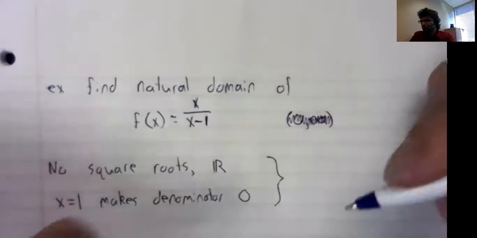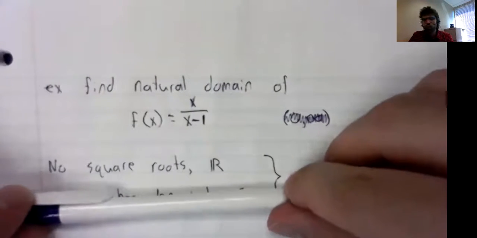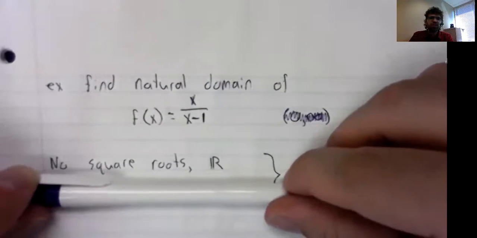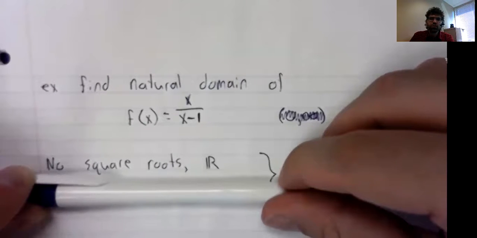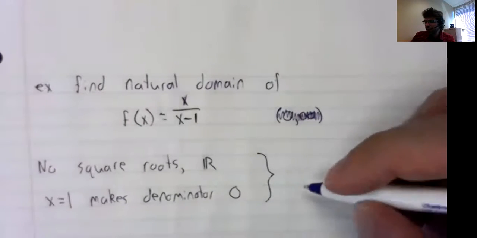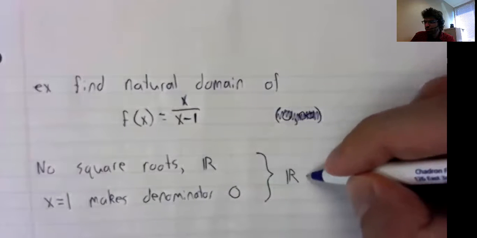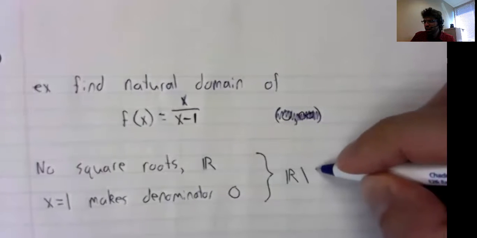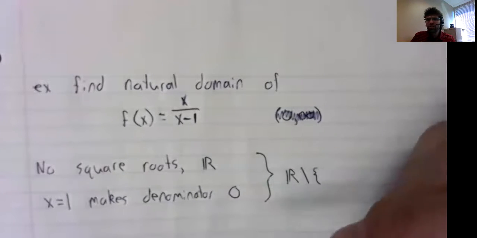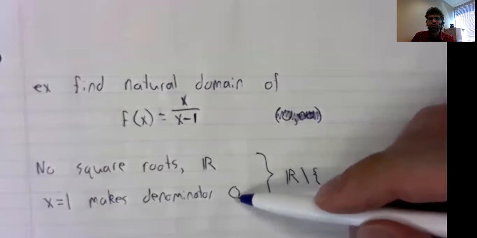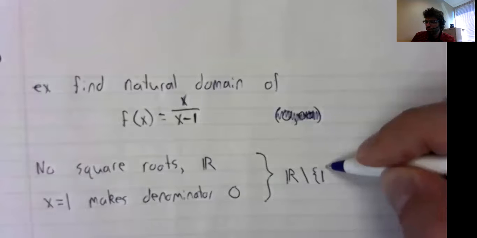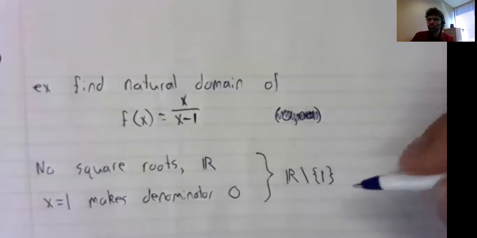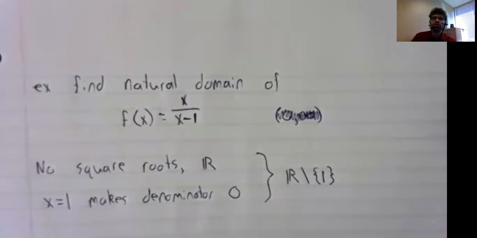So we're starting with the entire real number line because there are no real numbers that give you negative square roots. And then we get rid of the values that make the denominator 0. And there's the natural domain.